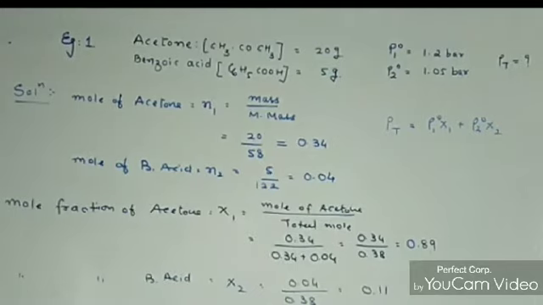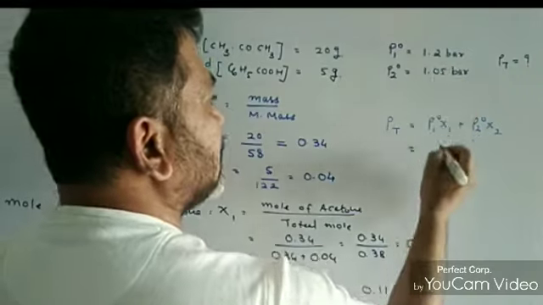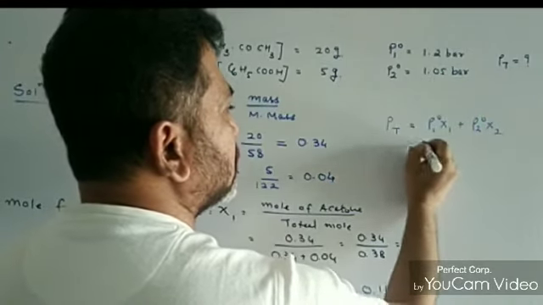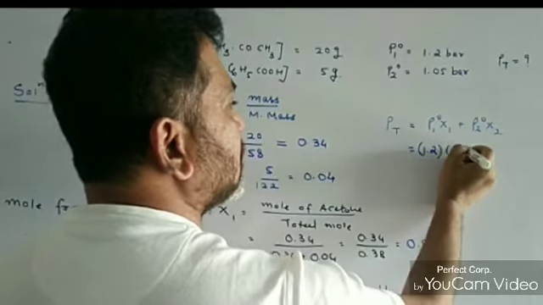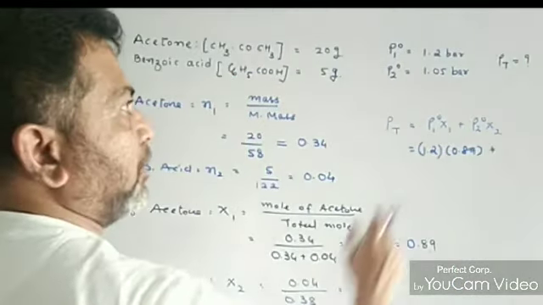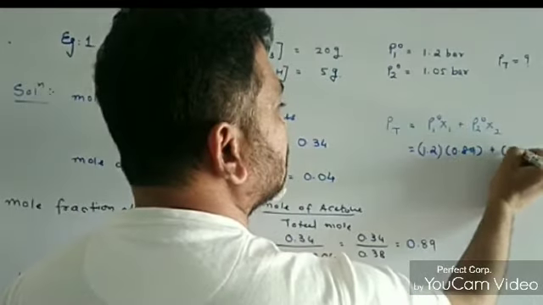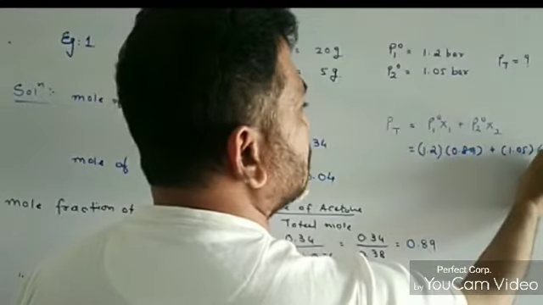Now we will put these values here. How much is P1? 1.2. How much did x1 come out? 0.89, plus P2, how much is P2? P2 is 1.05, and this came out as 0.11.